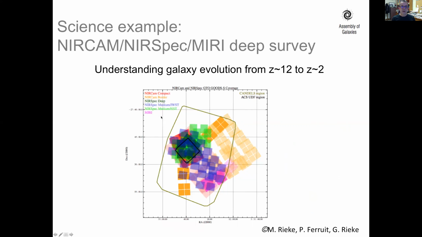And the others are NIRSpec and MIRI. So all three main science instruments will actually look at this field. These regions here are actually parallel observations. So while say NIRSpec or MIRI is observing as prime, there will also be parallel observations taken with NIRCam.